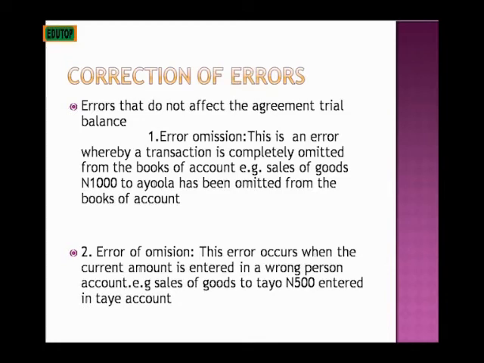It occurs when, as I told you the other time, there is a disagreement between the debit side and the credit side of the trial balance. If the figure is not correct, that means there is an error. So that's what leads us to what we call correction of error.